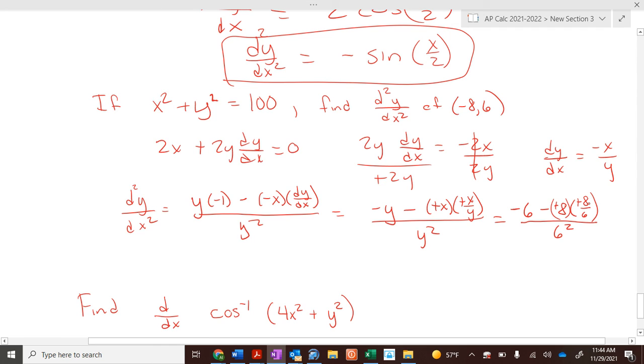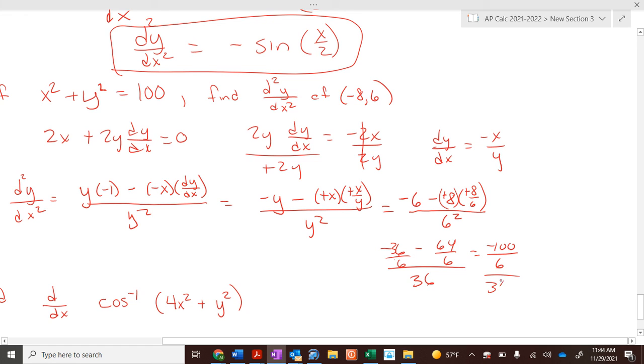So 8 times 8 is 64 over 6. So it's -36 minus 64/6 over 36. So -36 minus 64 over 6 is -100 over 6, all over 36, which is -100 over 216.